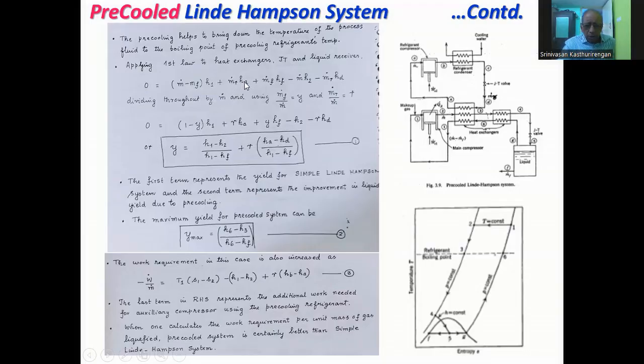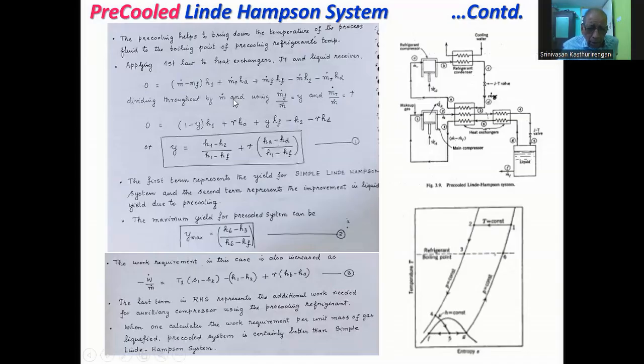Then plus MR dot into HA, this is your refrigerant part, plus MF dot into HF, which is the quantity of liquid which is taken out, minus M dot H2, which is the gas entry into the system, minus MR dot HD, which is again the refrigerant entry into the system.